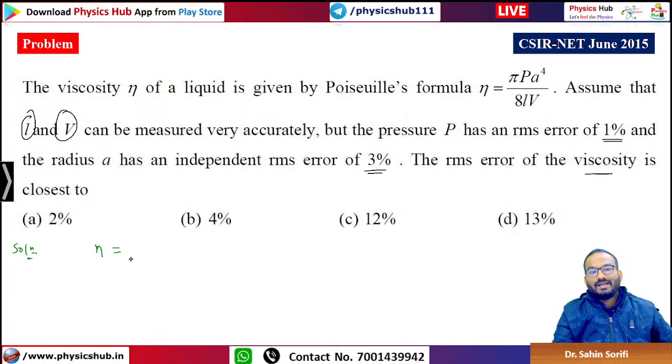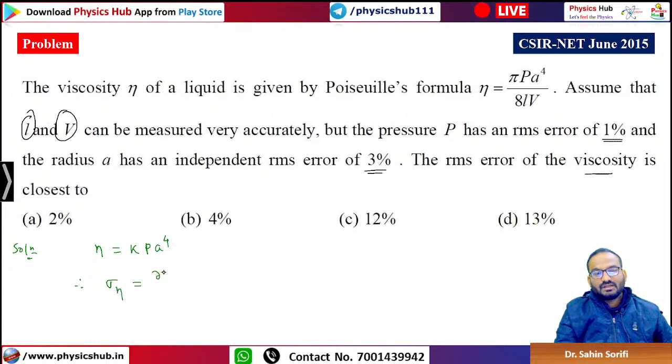So pi by 8 LV we can consider to be a constant, okay, so k P a to the power 4. There has been no error in case of L and V, so we can consider it in this way. So what will be the error in eta?